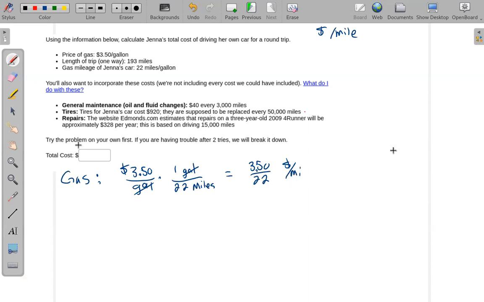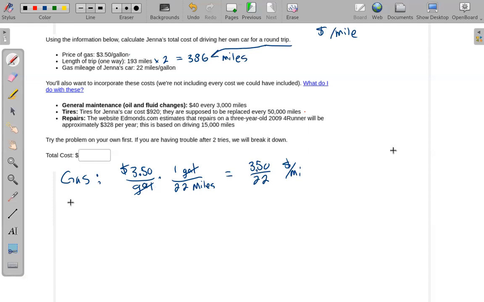To use it to get a total, I'm just going to eventually multiply that by the 193 times 2. So what happens if I double 193? Let's put that over here. 2 times 3 is 6. 2 times 9 is 18. Carry the 1. 2 times 9 is 18 plus 1 is 19. So the round trip is 386 miles. And eventually I'll use that here.